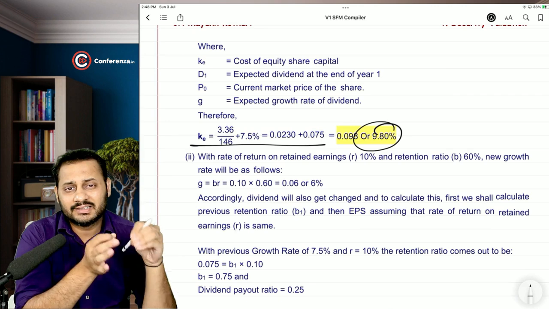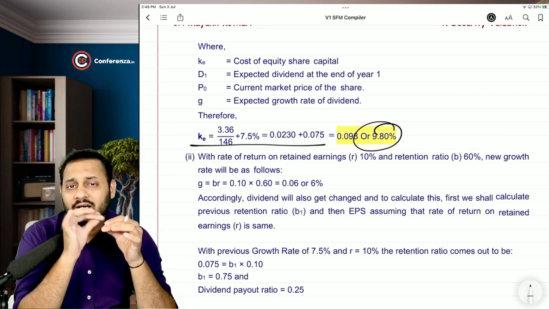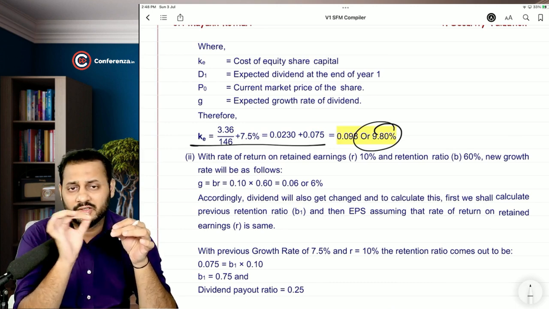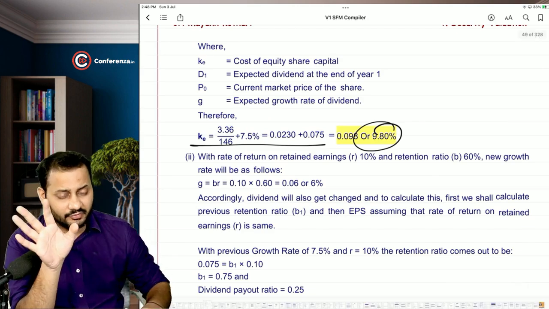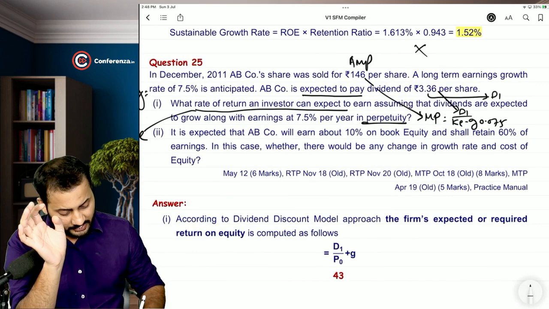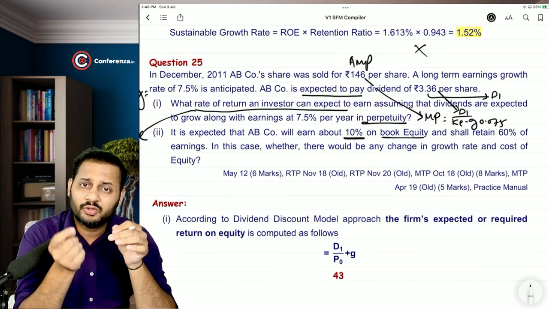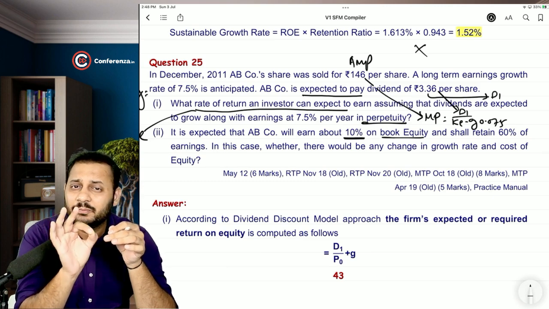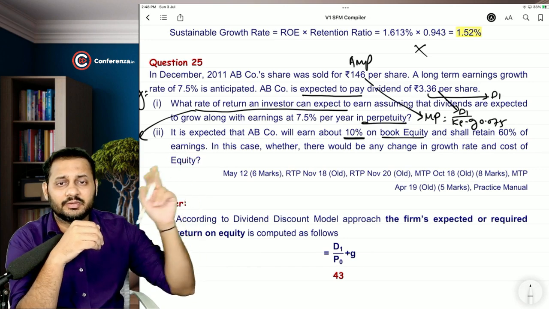The second part, if you have read the question, first gives you the return on equity, that they are earning somewhere around 10% on the book value. They are earning around 10% on the book equity. And now they shall retain 60% of the earnings.